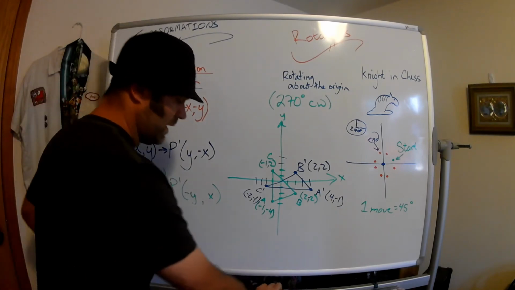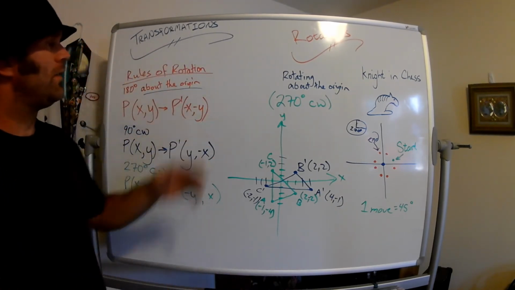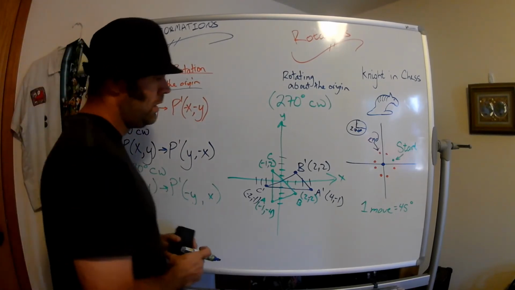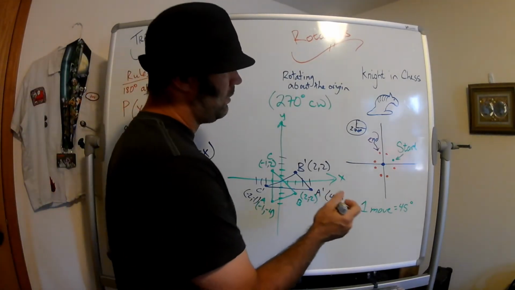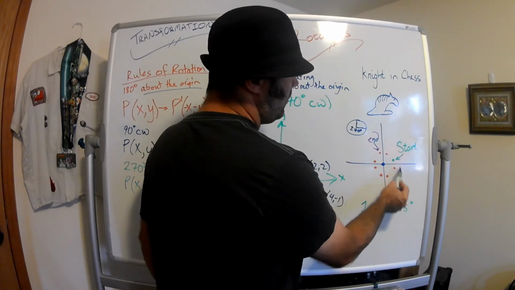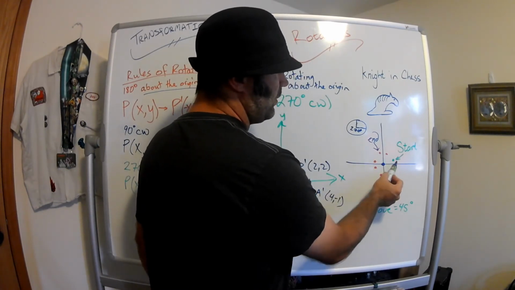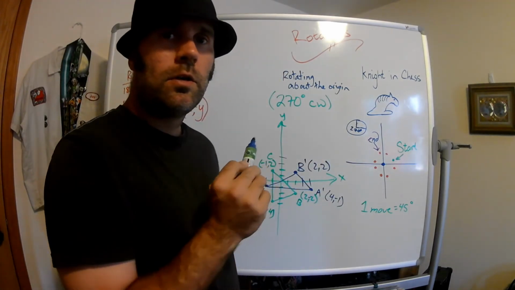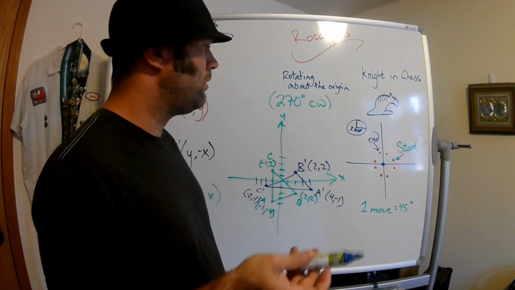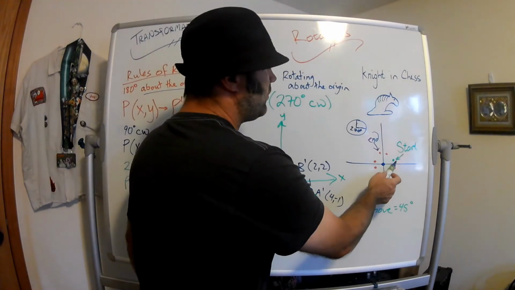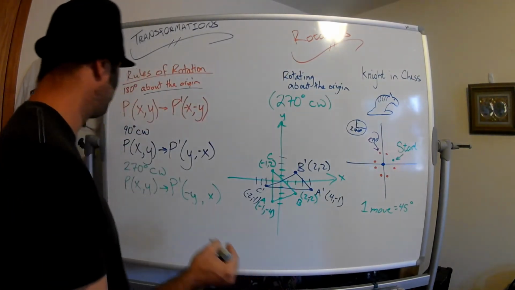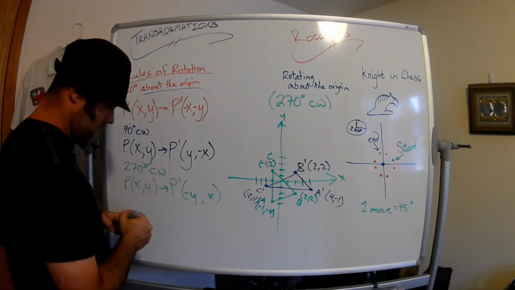So you say, wait a second, we didn't do any of the counterclockwise. And you're right. So let's look at counterclockwise. So 270 degrees clockwise is the same as counterclockwise, 2 movements. So what's 2 movements counterclockwise? Well, that's 90 degrees. Let's get our green out.